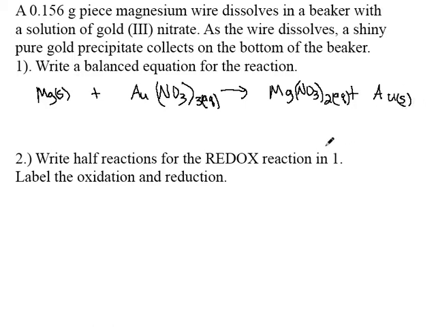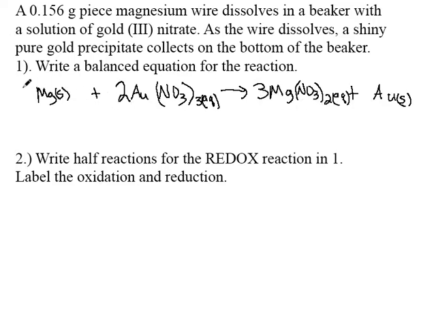Now we can go about balancing this reaction. We see that there are 3 nitrates in the reactants and 2 nitrates in the products. We need to make sure that we have an even number of nitrates on both sides, so we're going to double the gold nitrate, which gives us a total of 6 nitrates, so that means that we need to have 3 magnesium nitrates.